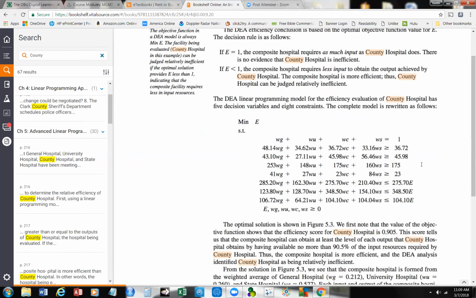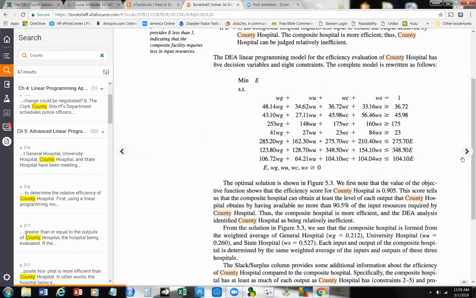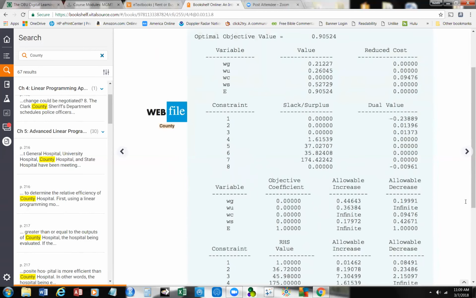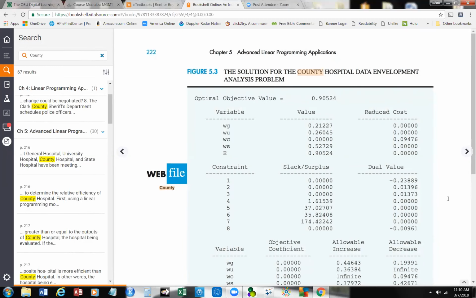Basically, then we're just going to throw this into the solver, and away we go. Now they give us the solution for the county hospital data. This is from that Lingo tool that the authors have. It's going to look different in Excel, but what you're going to start to look at is, number one, is it efficient or not?